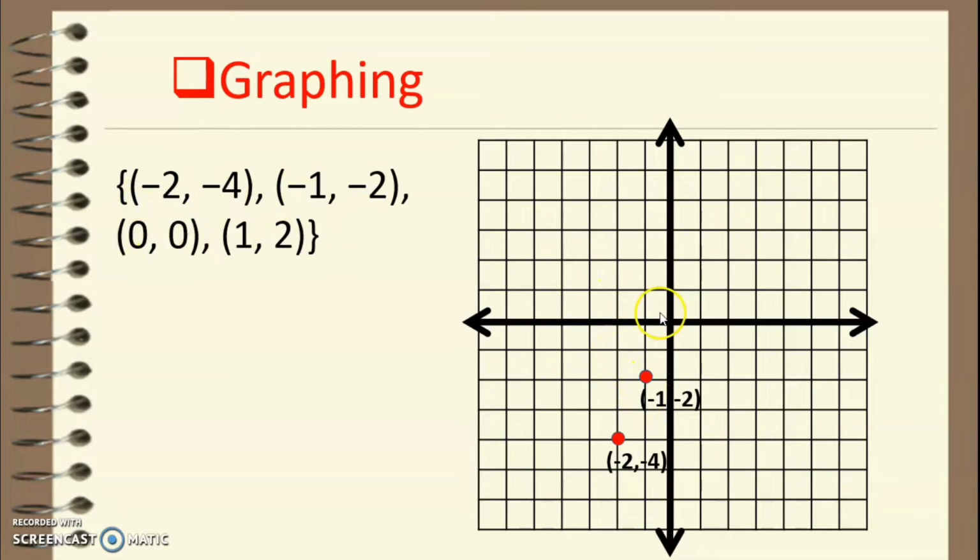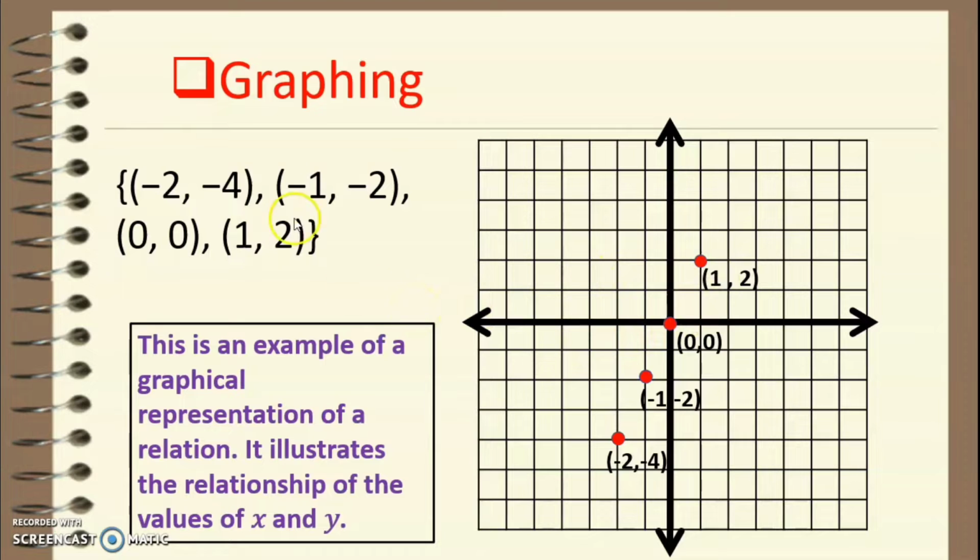Next, 0 ang x, 0 ang y. Then, label. The last one is positive 1, then positive 2, then label. And this is our graph of our relations. Negative 2 and negative 4, negative 1 and negative 2, 0, 0, and 1 and 2.